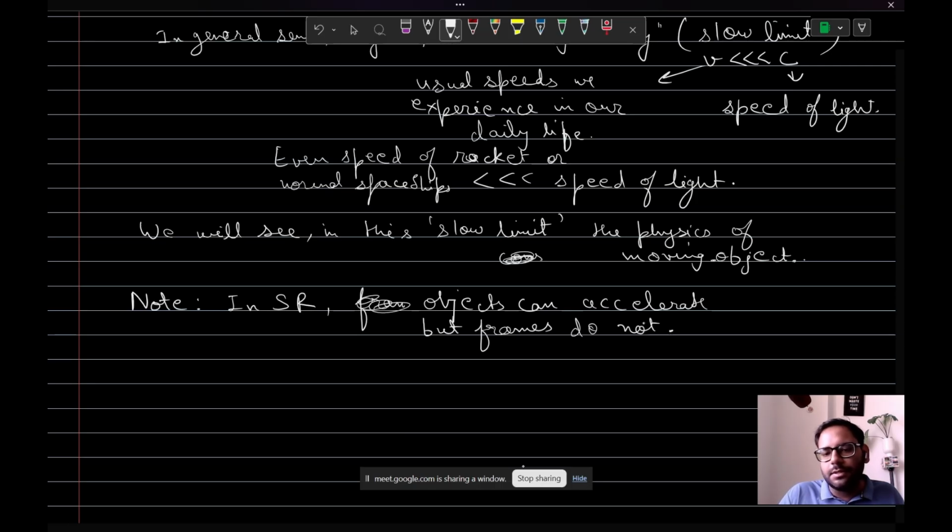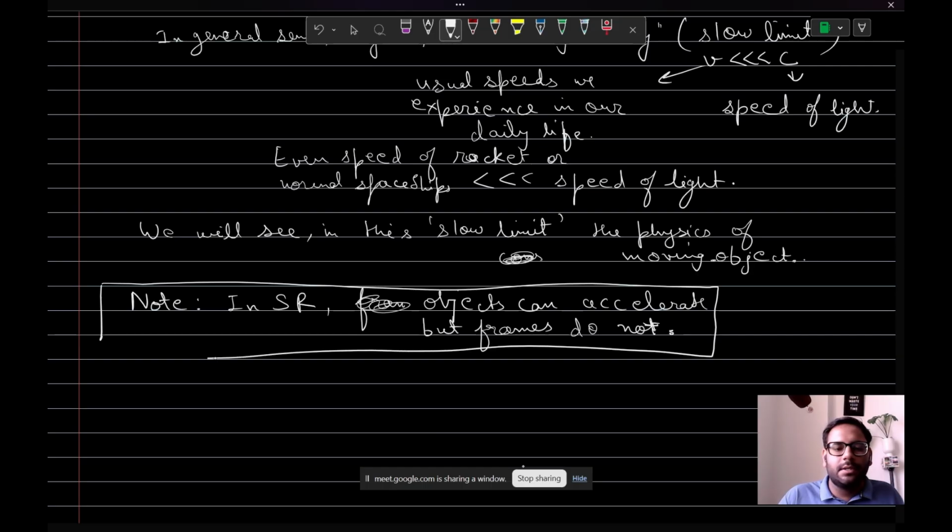We will see the generalizations further, but for now in SR we will see that it is governed by some symmetry, which is called Lorentz symmetry. The whole special theory of relativity is governed by Lorentz symmetry.